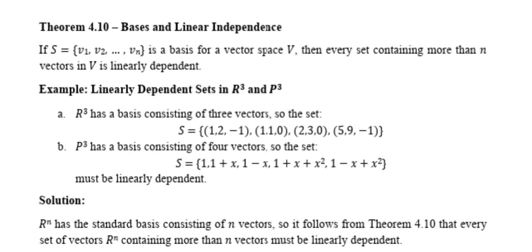Solution: R^n has the standard basis consisting of n vectors, so it follows from Theorem 4.10 that every set of vectors in R^n containing more than n vectors must be linearly dependent.